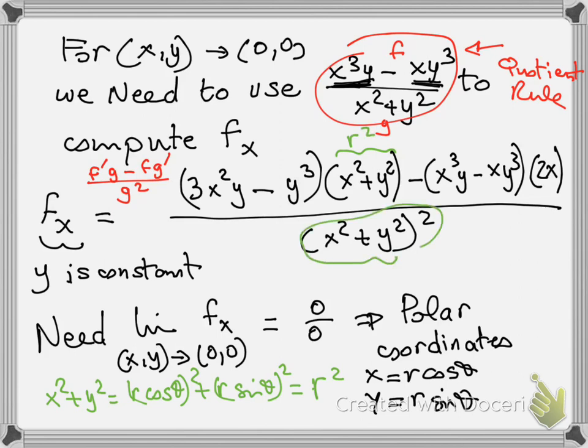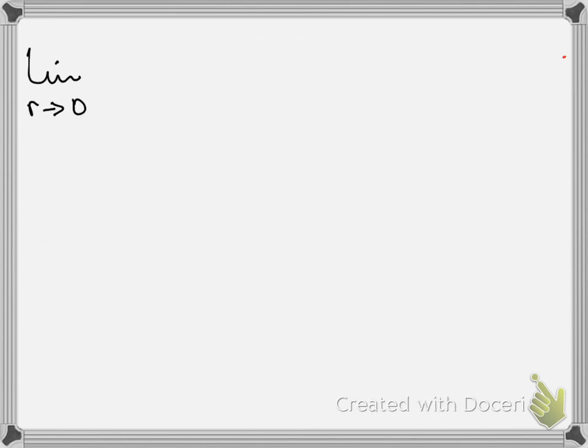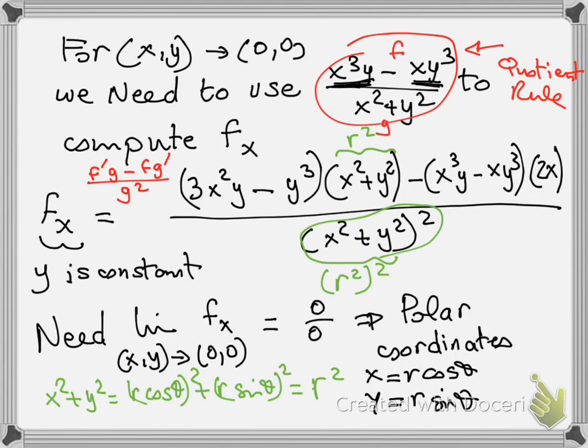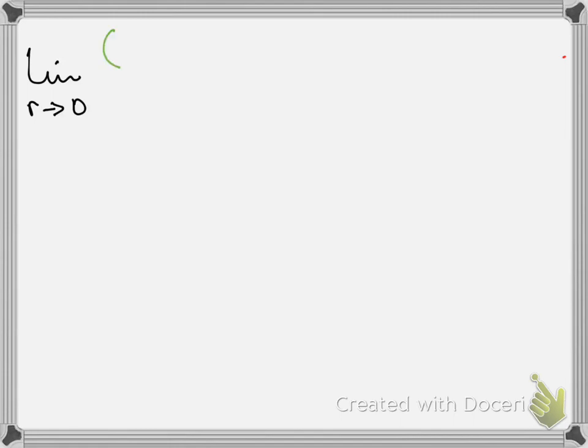Here in the bottom, this is r squared squared, right? So that will be r to the 4. So anyway, what I'm saying, guys, is that you have r going to 0, so we have 3x squared y, so 3x squared, that's r cosine theta squared.